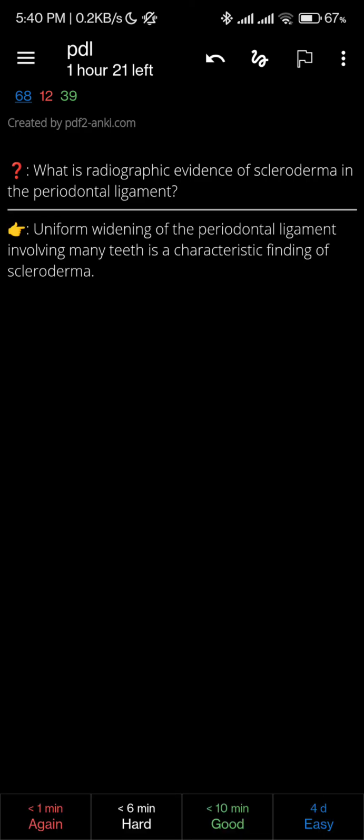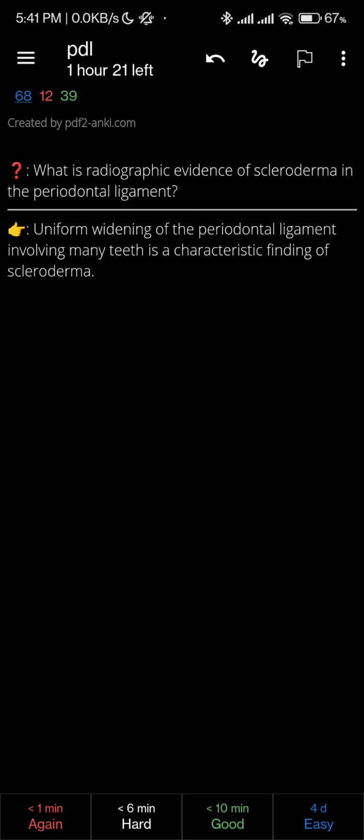So what is the radiographic evidence of scleroderma in the periodontal ligament? Uniform widening of the periodontal ligament involving many teeth is the characteristic finding of scleroderma.